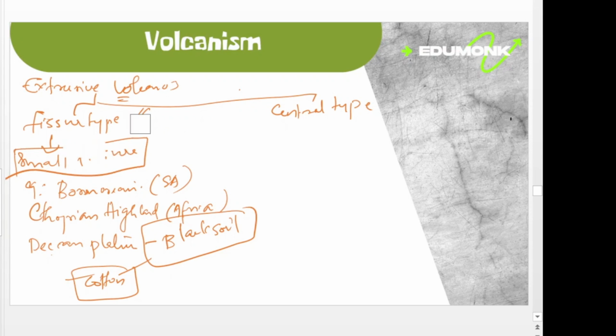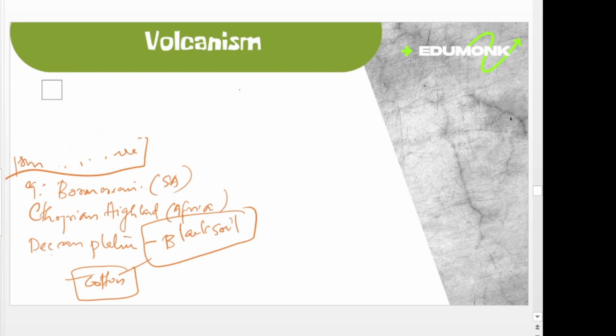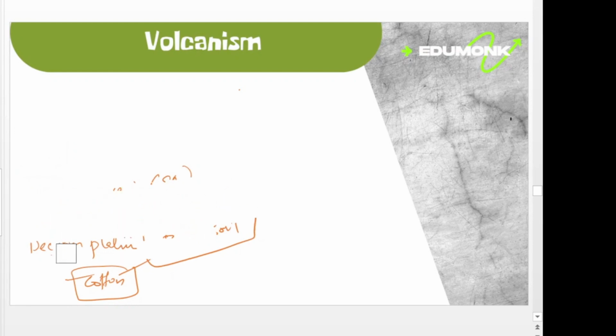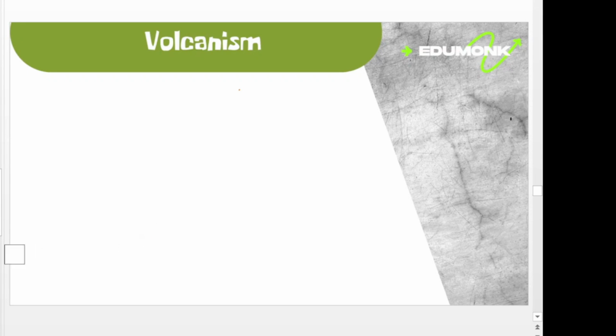Then we are moving to the central type volcanoes. The central type volcanoes, we classify into four types.